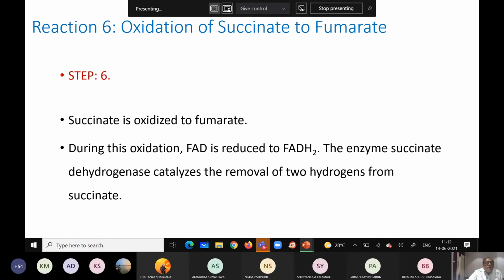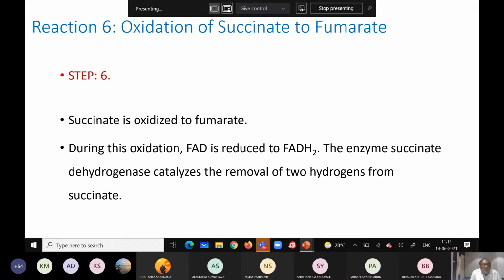In step number 6, succinate gets oxidized to fumarate. Succinate is oxidized to fumarate. So here, during the course of oxidation, the FAD will be reduced to FADH2, and the enzyme that catalyzes this reaction is succinate dehydrogenase.